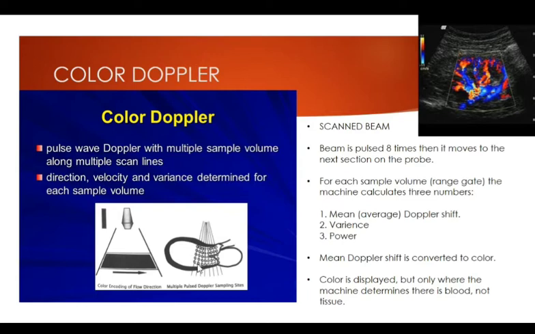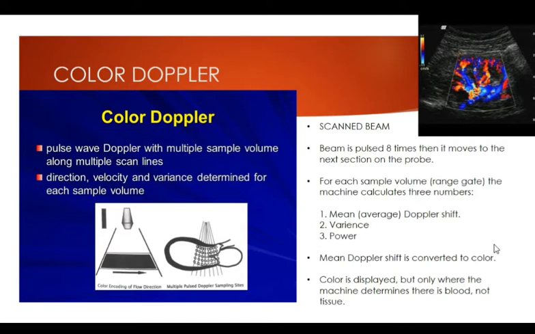And those sample volumes are basically looking for 3 numbers. It's looking for your average Doppler shift, which we call the mean Doppler shift. It's looking for variance, which is something that I'll explain a bit later. It's looking for power, and your power is the measure of strength of the Doppler signal, and it's used in the tissue blood discrimination process, but we'll talk about that more later too.